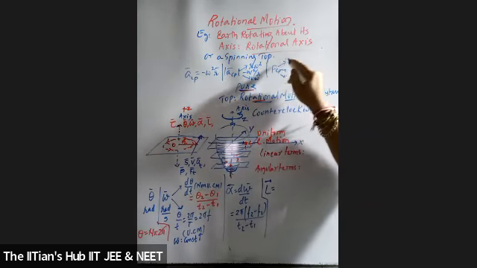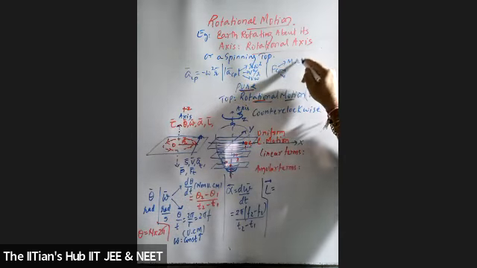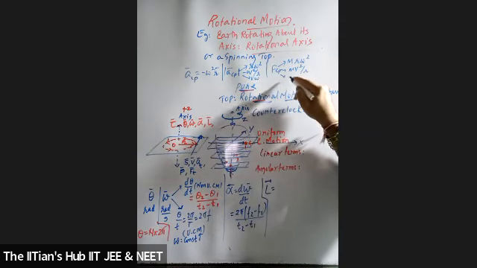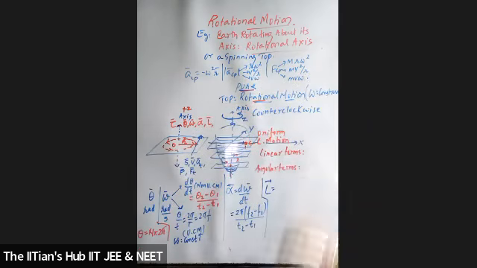Mass into acceleration, m r omega square, m v square by r, m into v into omega.